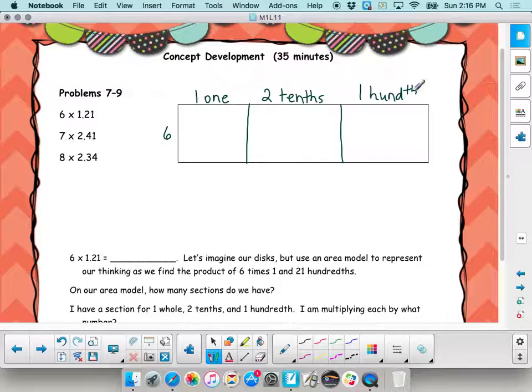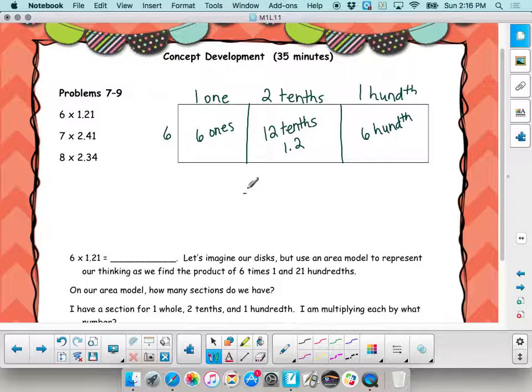So 6 times 1 is 6 ones. 6 times 2 is 12 tenths, or 1 and 2 tenths. And 6 times 1 is 6 hundredths.